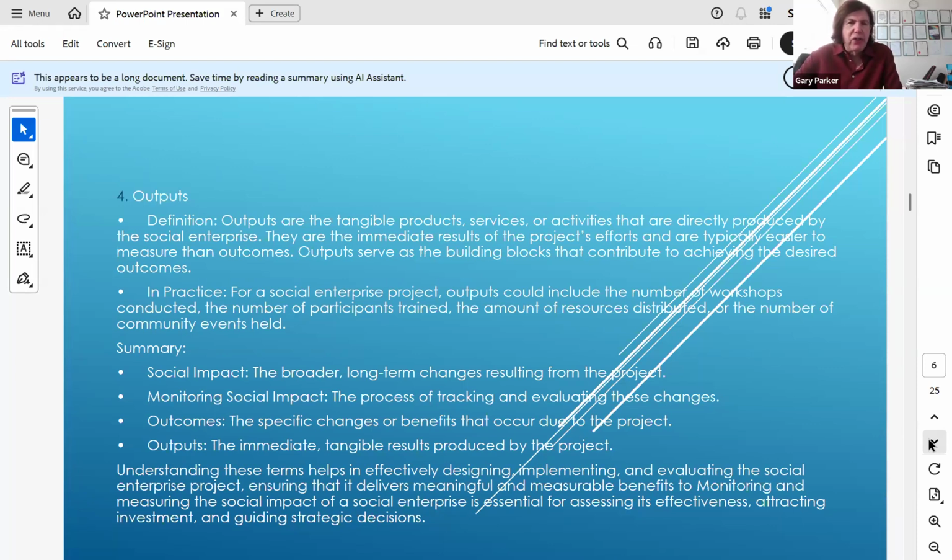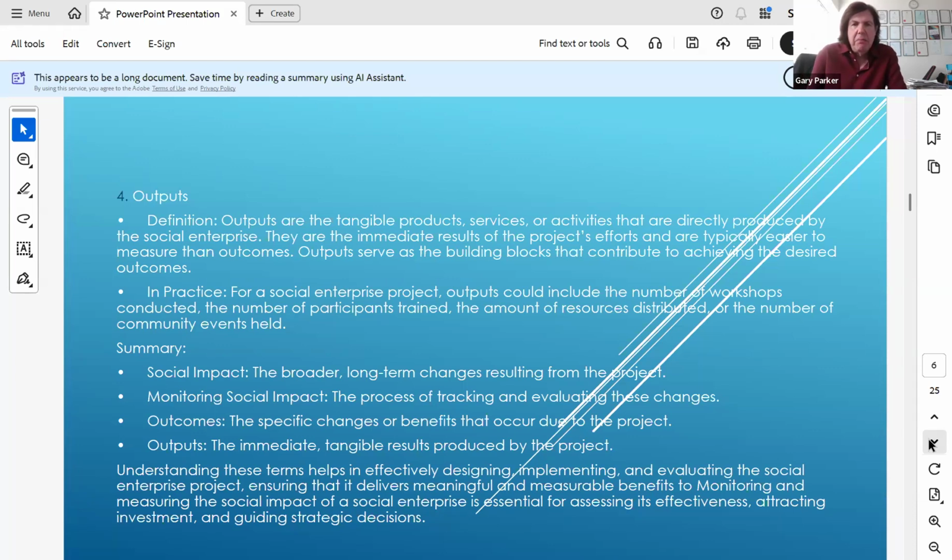Another way of looking at it, for a social enterprise project, is in terms of outputs. Outputs could include the number of workshops conducted, the number of participants trained, the amount of resources distributed, or the number of community events held. So, in summary, social impact is the broader long-term changes resulting from the project or program.